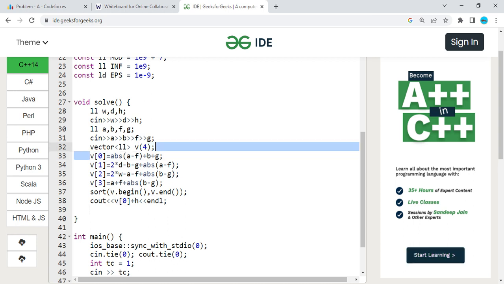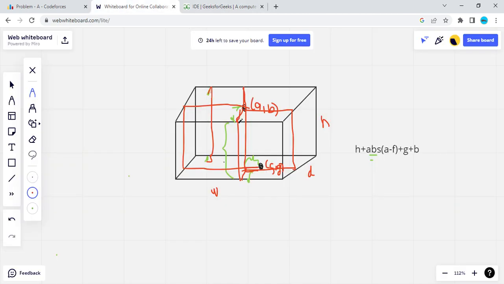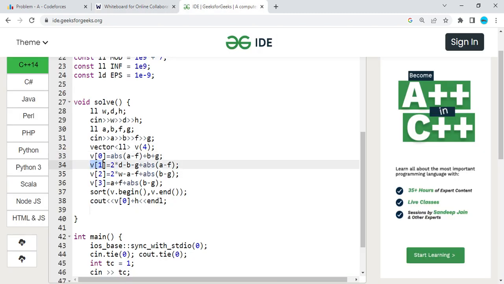In the first case, the absolute of a minus f plus b plus g represents this distance, and similarly v1, v2, v3 represent the other ways.